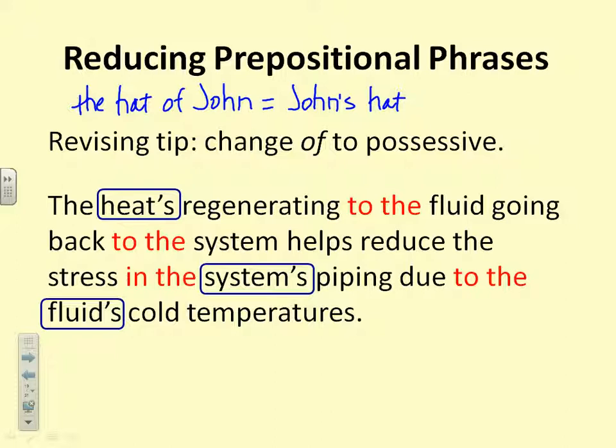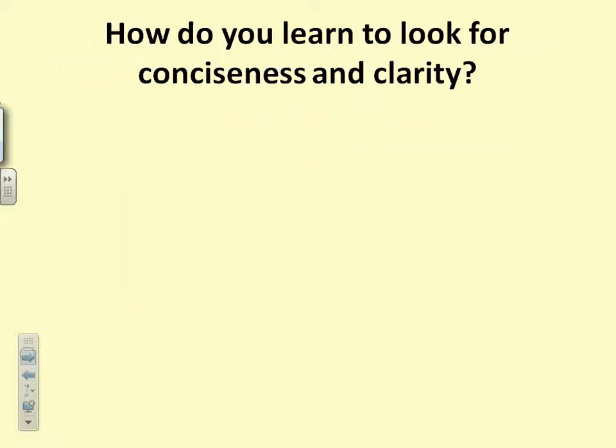Not perfect by any means. It still sounds bad. I want to work on it some more. But it's shorter, and that's three instances of "the" that are not there anymore. Okay? So that's one step toward improving it. That's one of the steps that you can take to help do that.